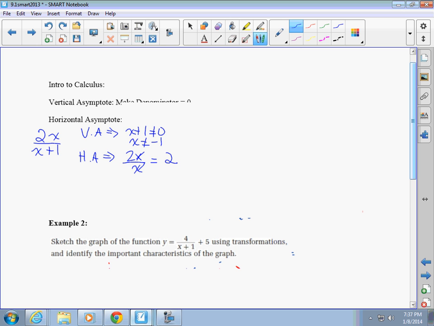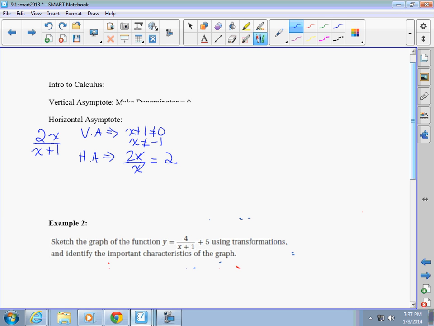It's because 18 over 9 would be 2, so it's just short of being 2. If I substitute in 20, 2 times 20 is 40, 20 plus 1 is 21, so 40 over 21 is just a little over 2. So it's getting close to 2, but it's not exactly 2.